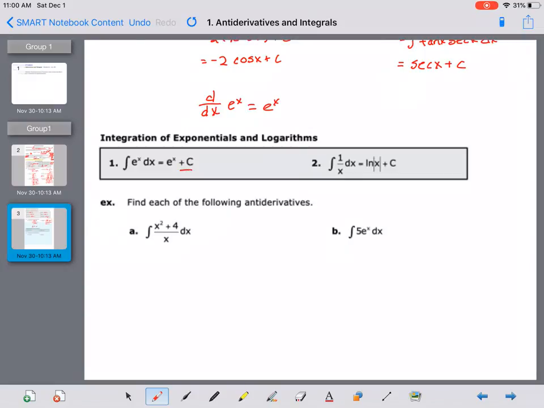Now, if we integrate 1 over x dx, what we would do is bring up the x, and then do our power rule. We add 1, give a 0, divide by the new, and that right there is wrong.